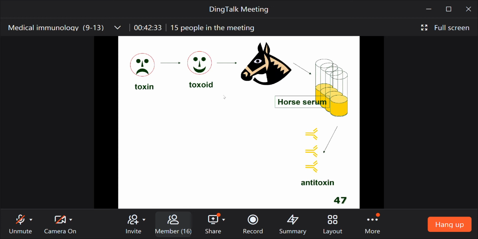This antibody has another name, antitoxin, and the antitoxin can bind to the toxin. I think this pathway is very clear and simple to understand, because the antibody is produced by the induction of the toxin, and produced by the host.